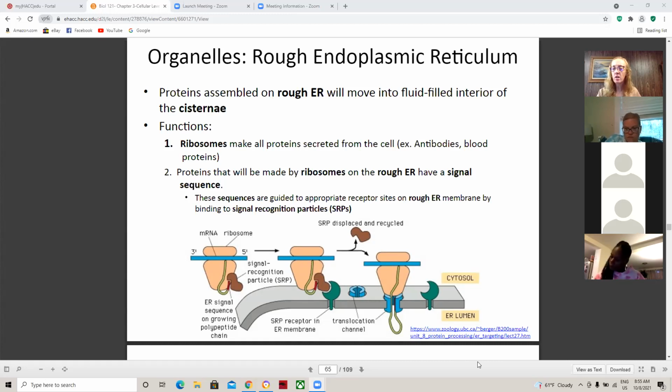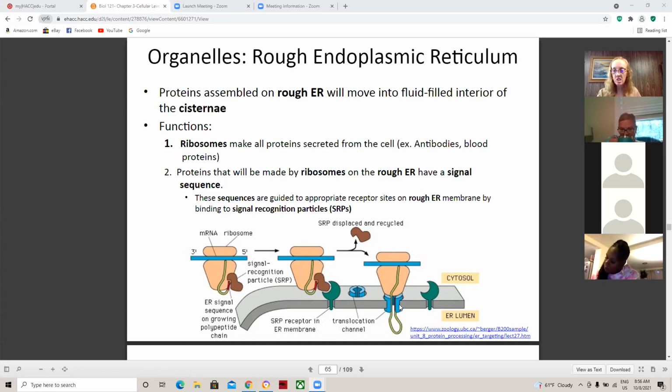So if the protein is going to leave the cell or be part of the membrane, the signal recognition particle gets added. It binds to a receptor in the endoplasmic reticulum membrane. And from there on out, the protein is synthesized on the surface of the rough endoplasmic reticulum.